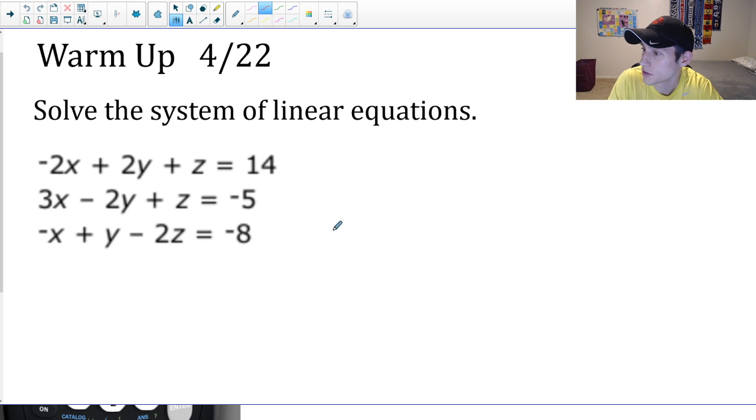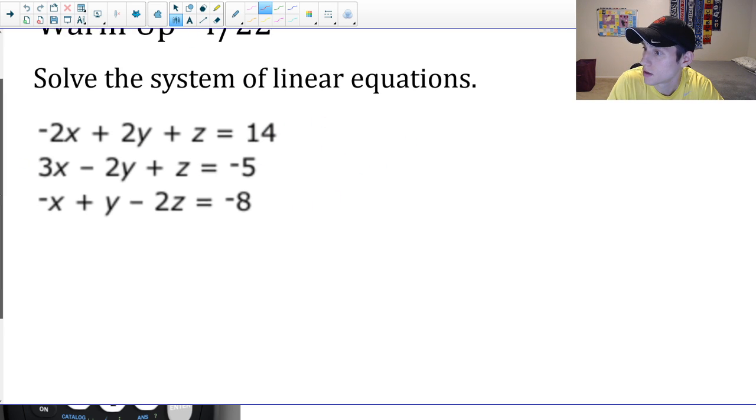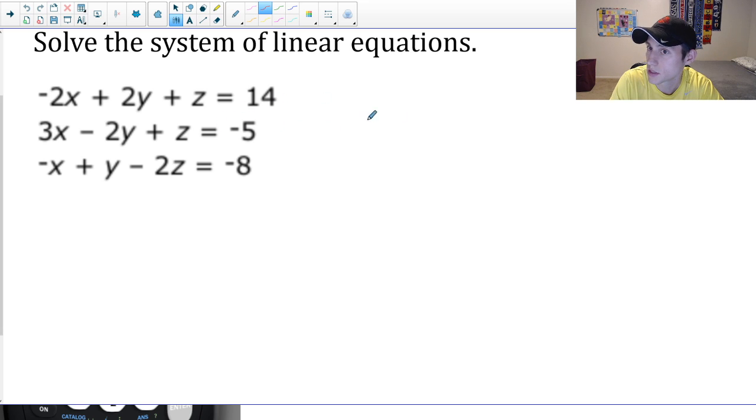Solve a system of linear equations. We've practiced solving by hand, so I just wanted to show again how I would do this on a graphing calculator. We start just by listing all the coefficients: -2, 2, 1, 14, 3, -2, 1, -5, -1, 1, -2, -8.